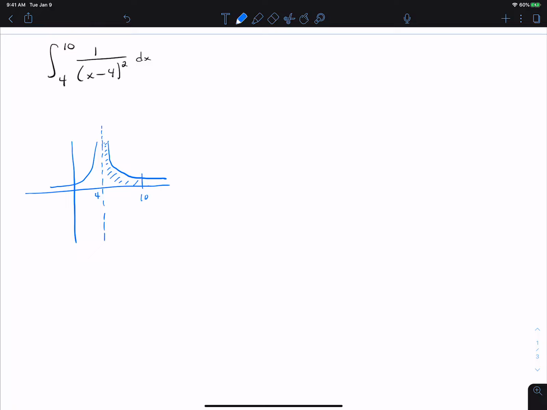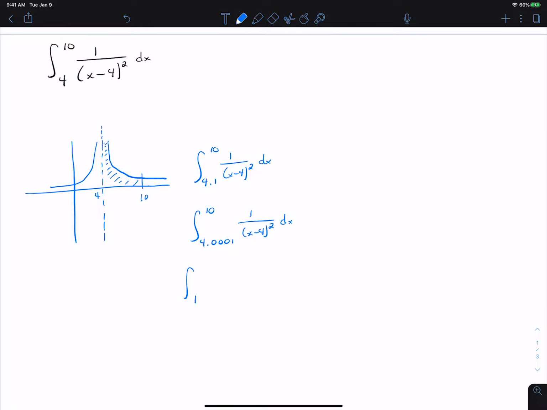When we go from 4 to 10, we can't do that integral directly, but if I did the integral from 4.1 to 10 of 1 over (x minus 4) squared, that would be a proper integral. Or if I did the integral from 4.0001 to 10, that would also be a normal proper integral.